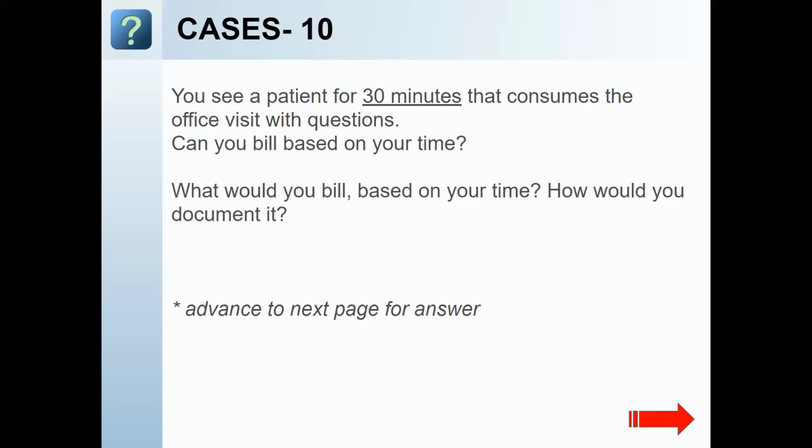What it does give you, though, is the ability for the occasional need to bill based on time, to code your services based on your time, because patients sometimes need to talk it out or talk about things. And so, yes, absolutely, it is ethical to code for your services based on time.